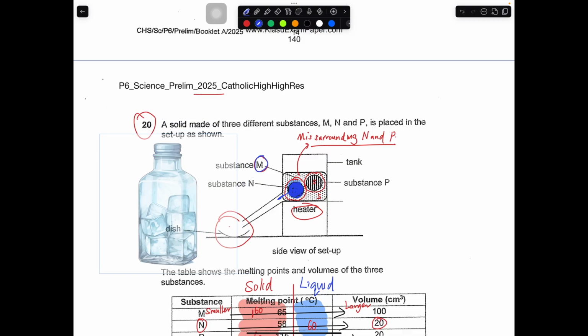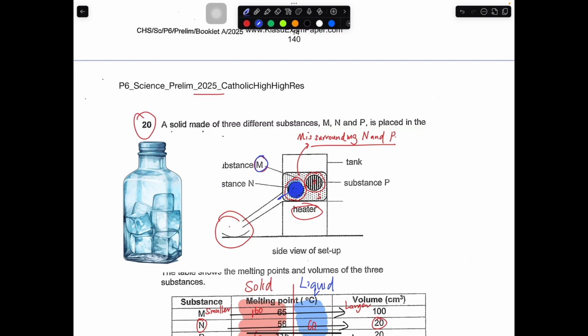Imagine you have a water bottle. M will be whatever material the water bottle is made out of, and N is this. If you manage to melt the N, it will become water, but it will not flow out of the water bottle, because it's being contained in the solid M.